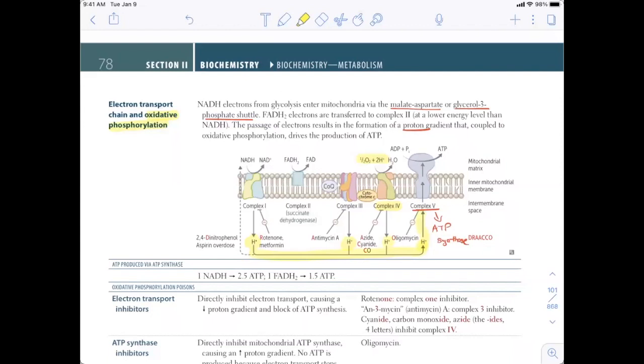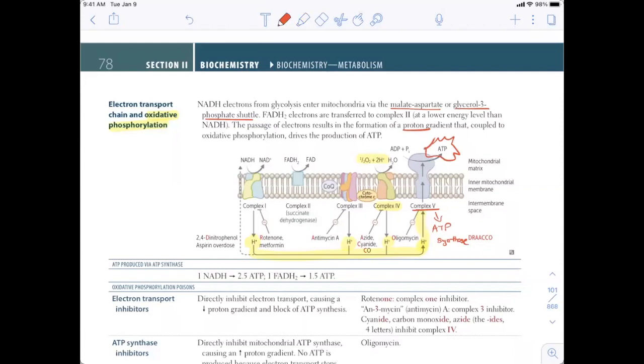So if complex 5 is like a generator, the fuel that complex 5 needs is hydrogen. So all the hydrogen we've built up will now power complex 5, and the end result of that is what? ATP. Lots of it. That's the reason why complex 5 is called ATP synthase.